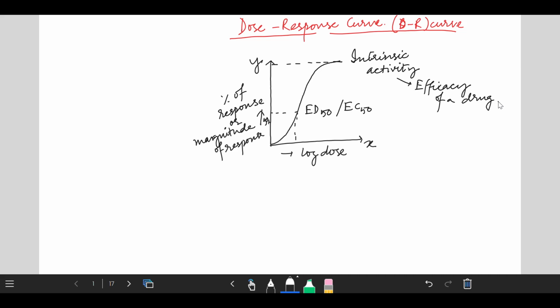Now, what do you understand by graded and quantal dose response? Graded dose means when you are increasing the amount of dose, you will get an increasing effect or response.